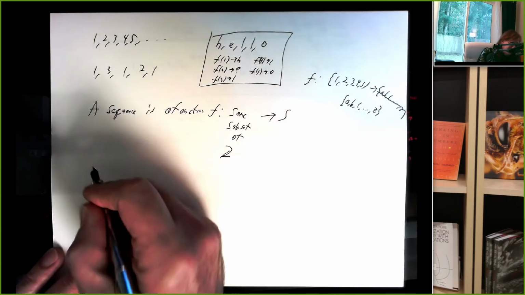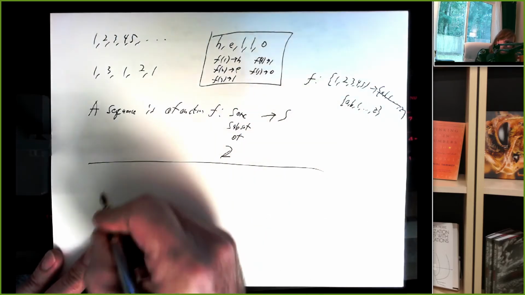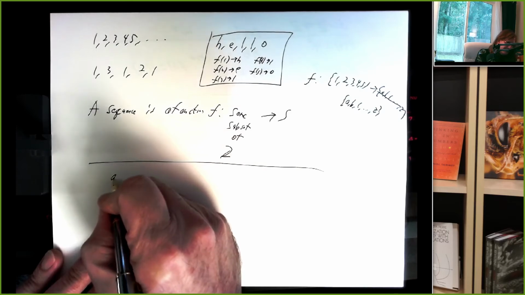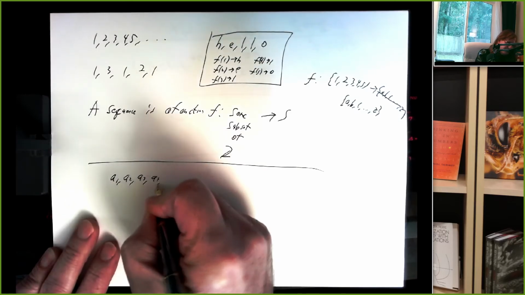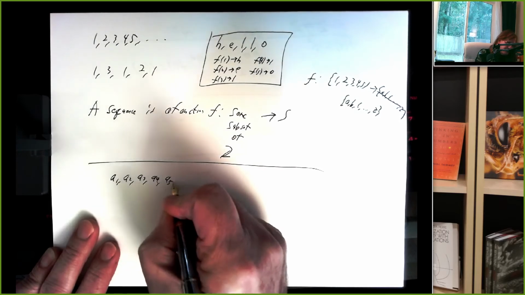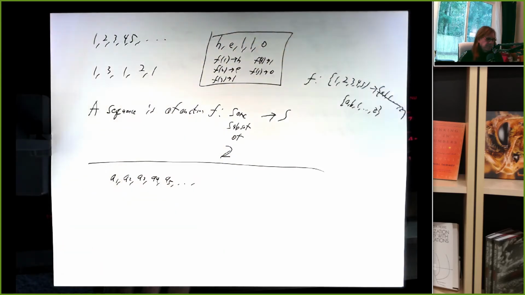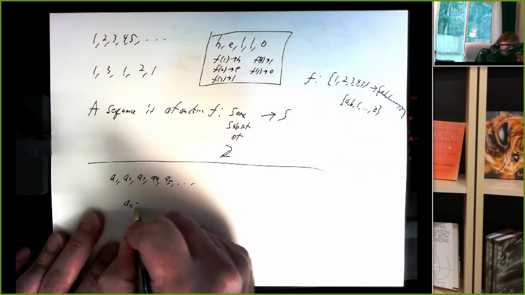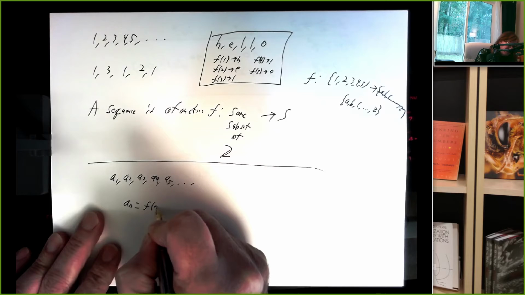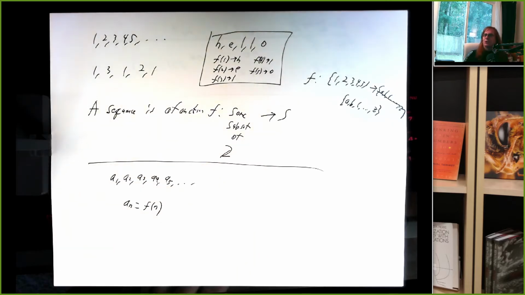So we can think of a sequence as a collection of these elements, and sometimes we might write a sequence like this, where we have the elements represented as A followed by some subscript. The idea would be, A subscript n is this function's value when we evaluate it at the number n.